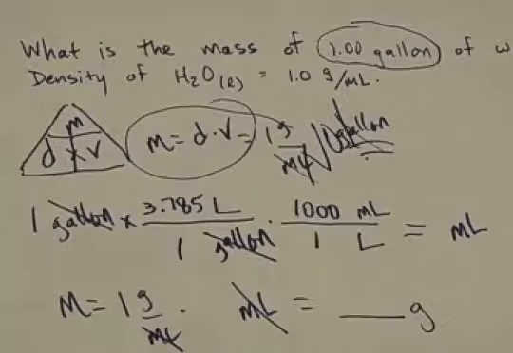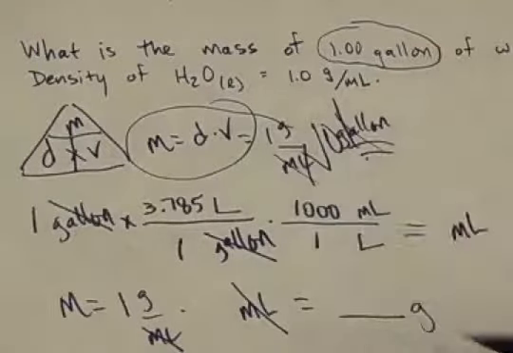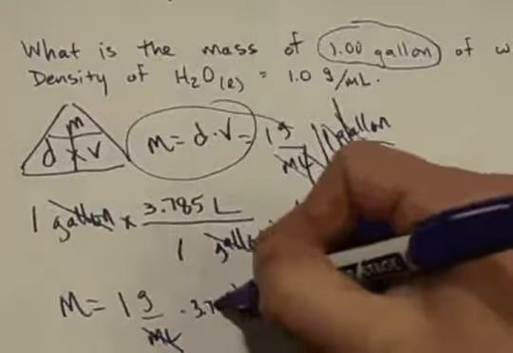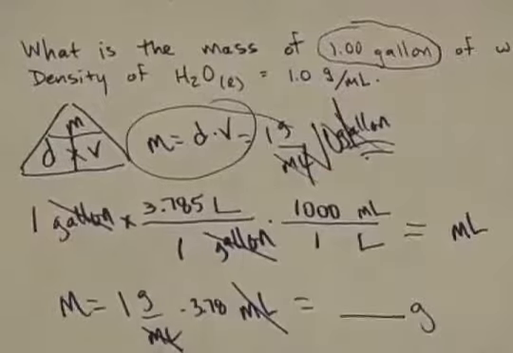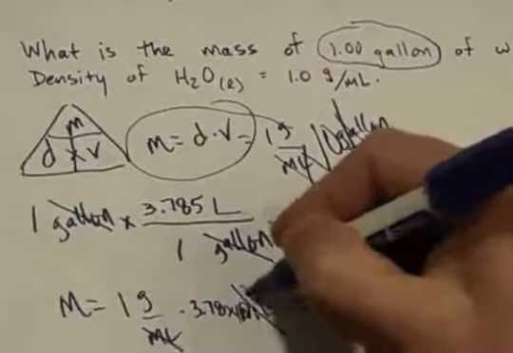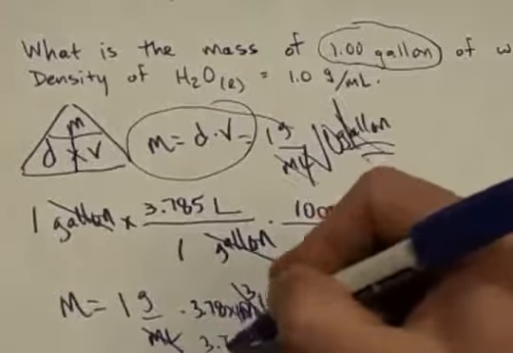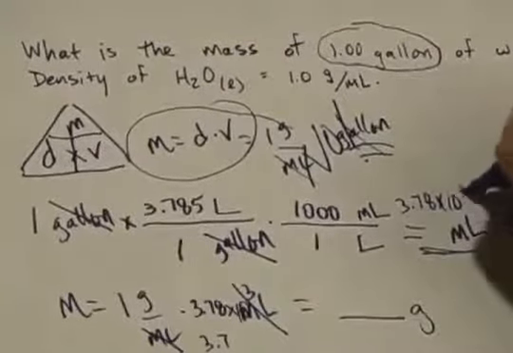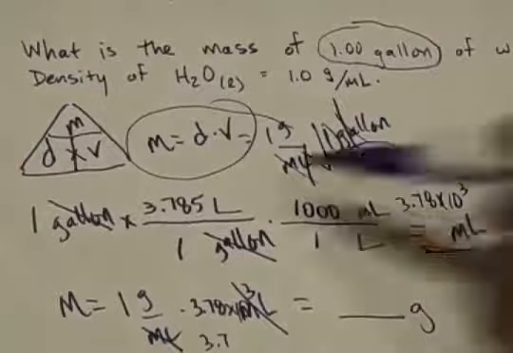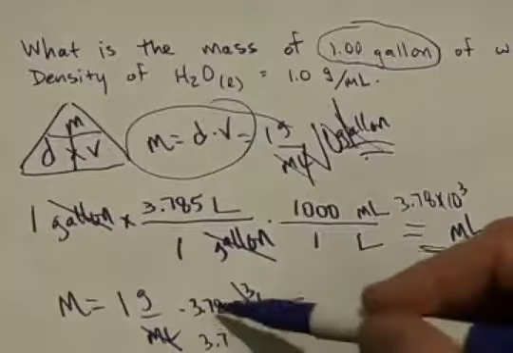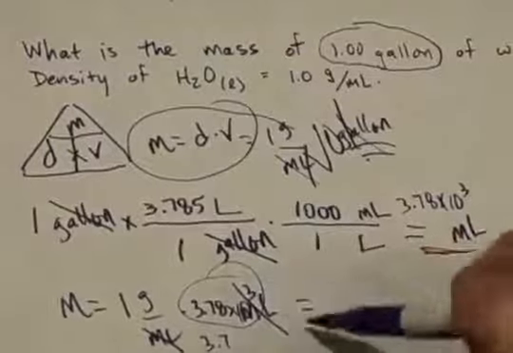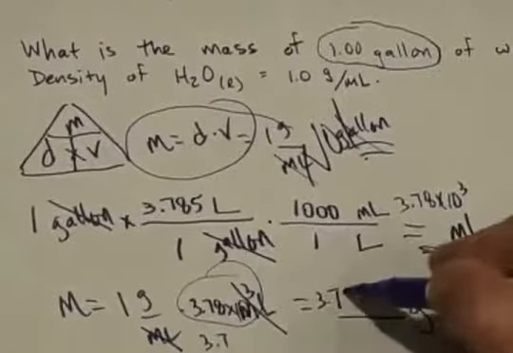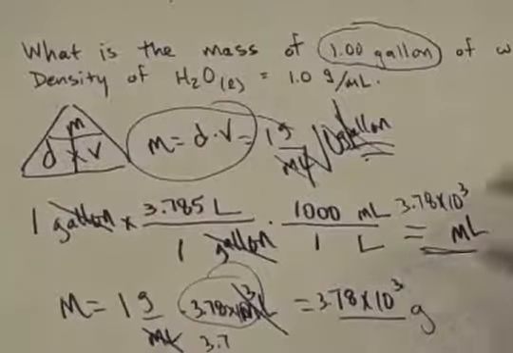When I multiply these together, I've got approximately 3.78 times 10 to the third milliliters in 1 gallon. And now I put that number in here, 3.78 times 10 to the third milliliters times 1, and I have 3.78 times 10 to the third grams.